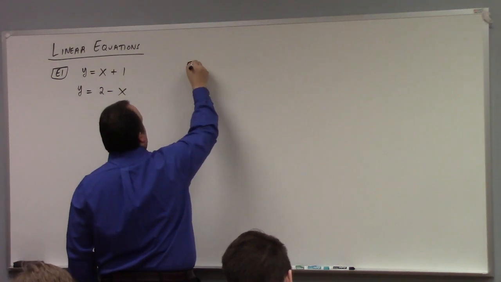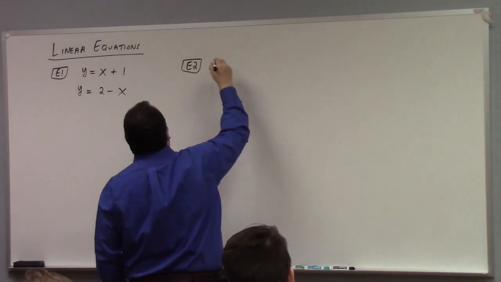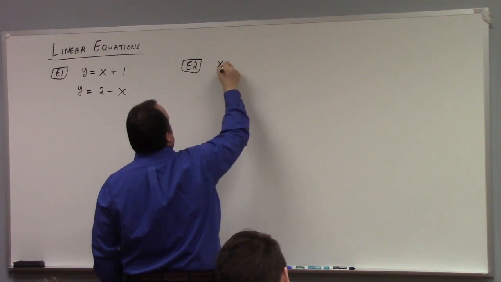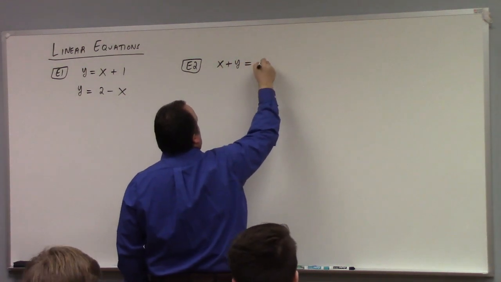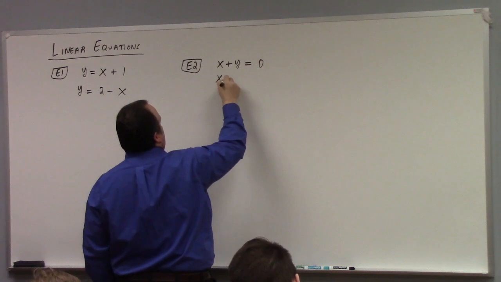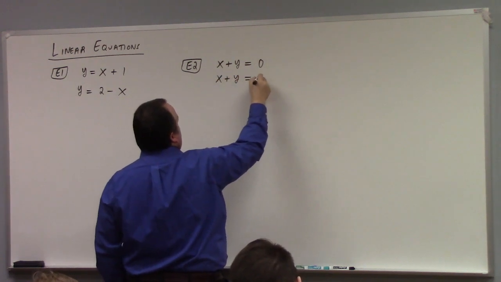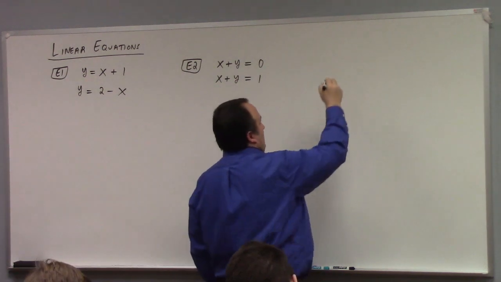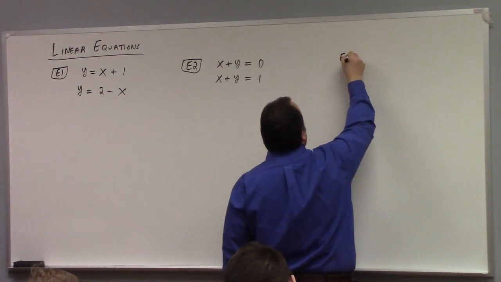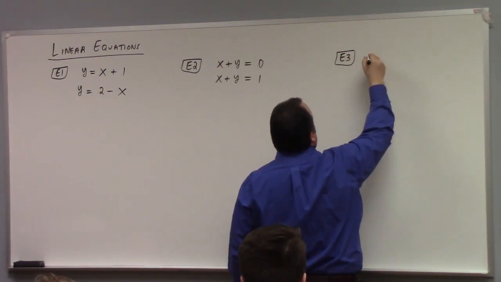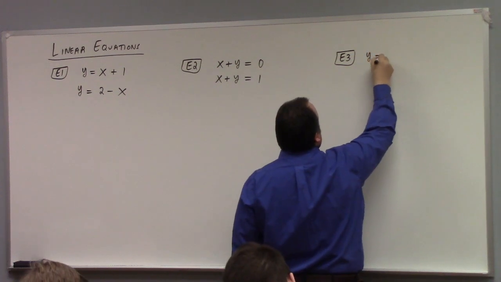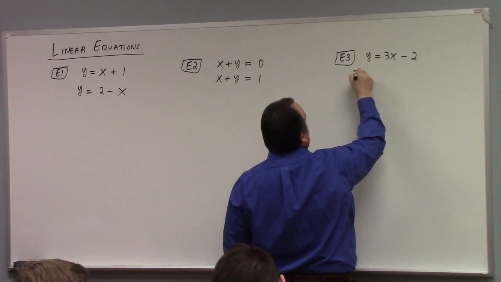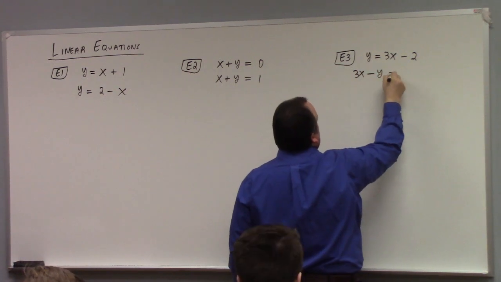Example 2, you might have something like x plus y equals 0, and x plus y equals 1. Example 3, I might have something like y is equal to 3x minus 2, and 3x minus y is equal to 2.